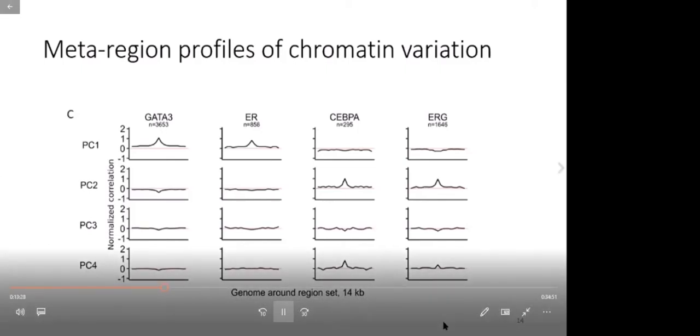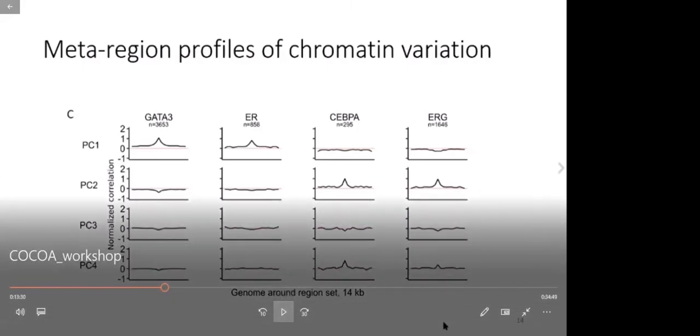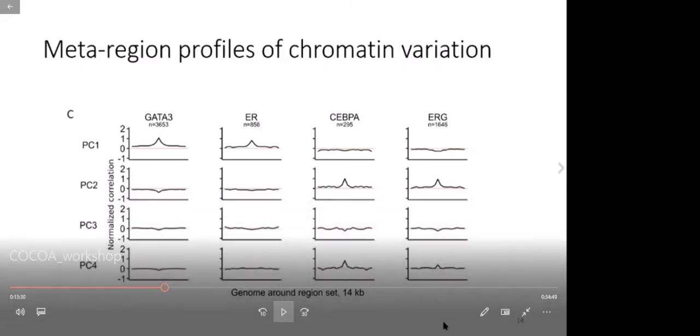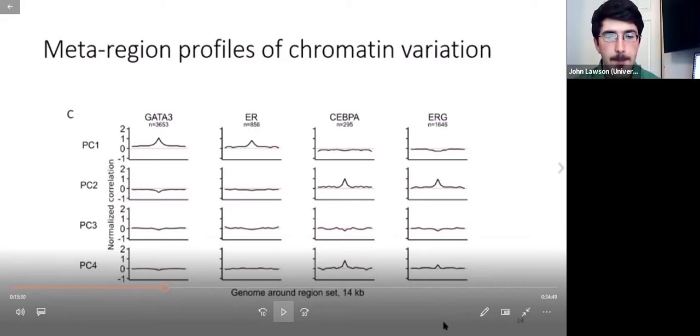There's one more in the chat. Okay. How do you determine the region set for different transcription factors? Yeah, okay, let's see. So there are multiple ways you can get a region set. The most common way that we use is to get publicly available ChIP-seq data from various cell lines or tissues.